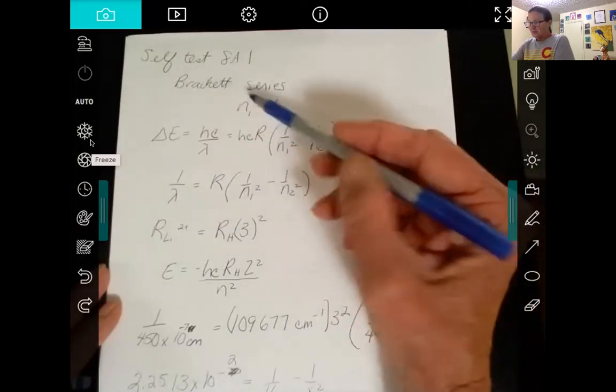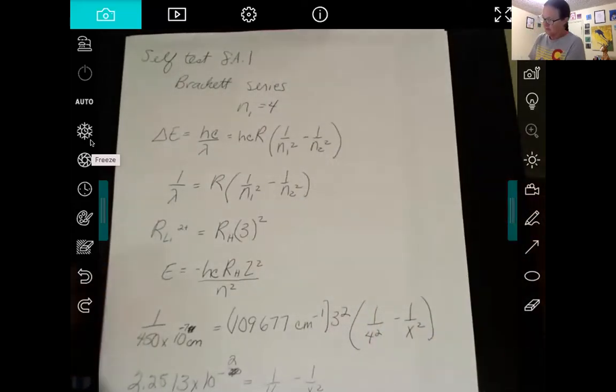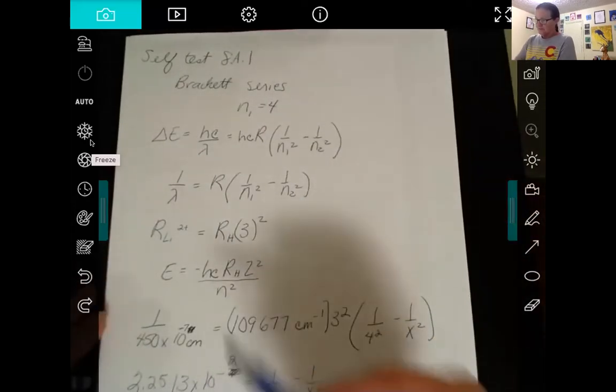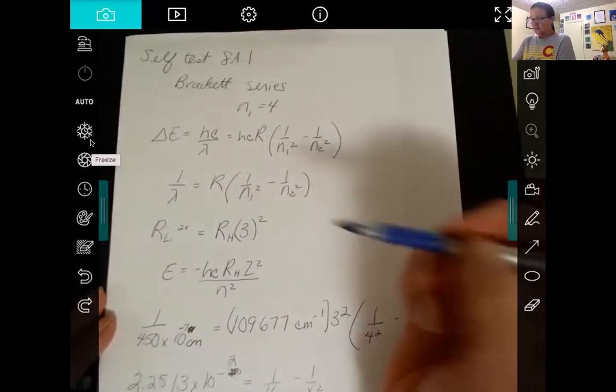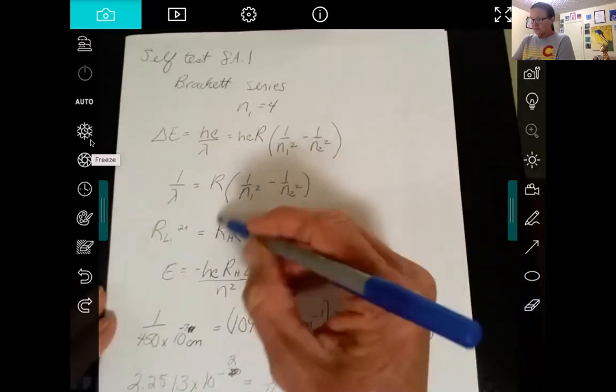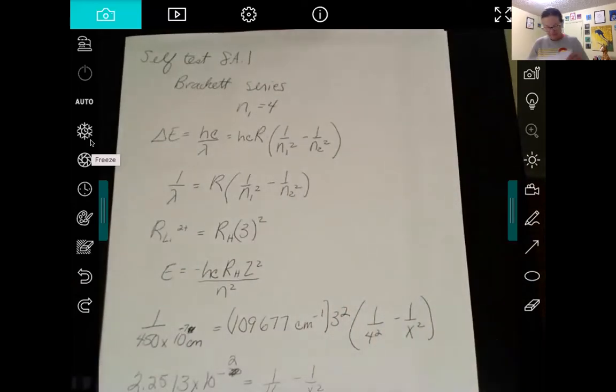So 1 over lambda equals Rydberg's constant times the difference in 1 over the quantum number squared. We want the Rydberg constant for lithium 2+. So it's what it would be for hydrogen times z squared. Yeah, this z right here.